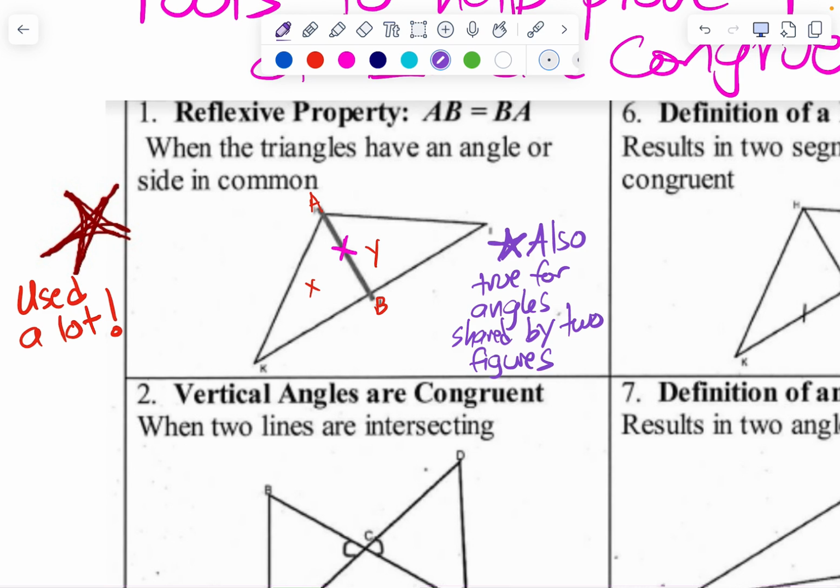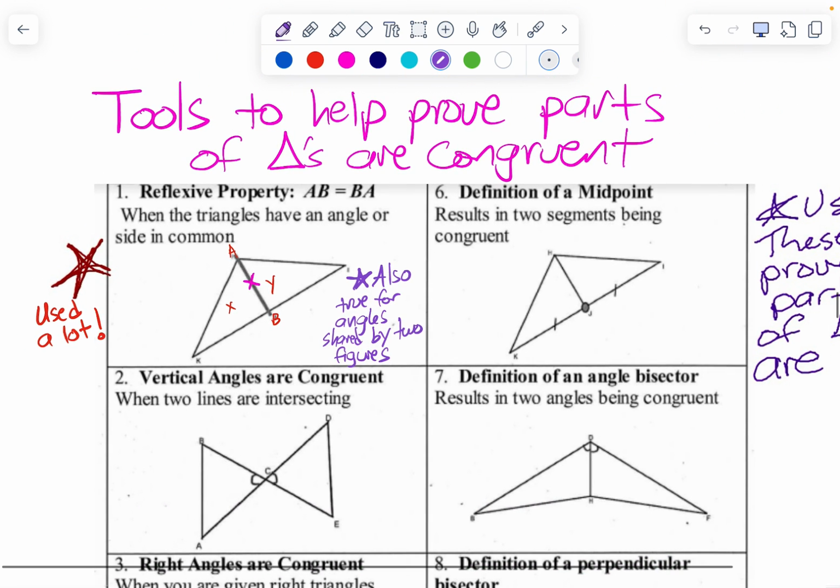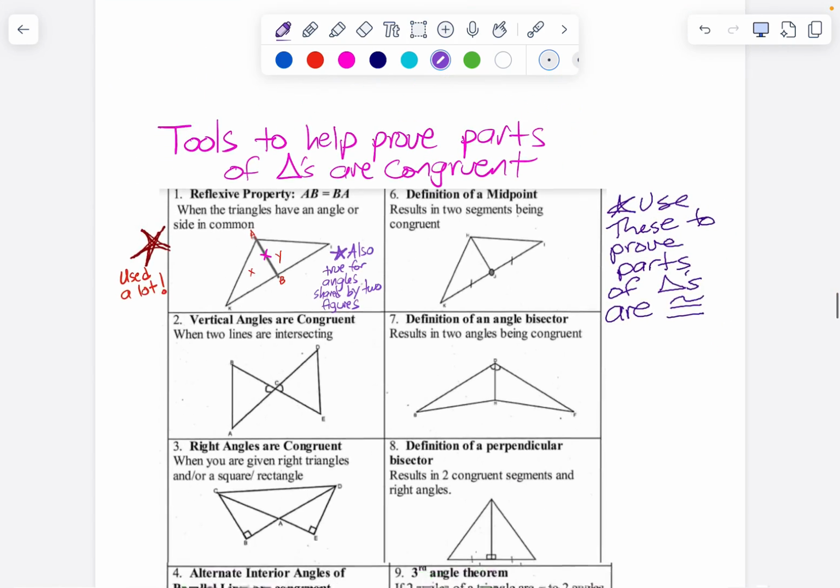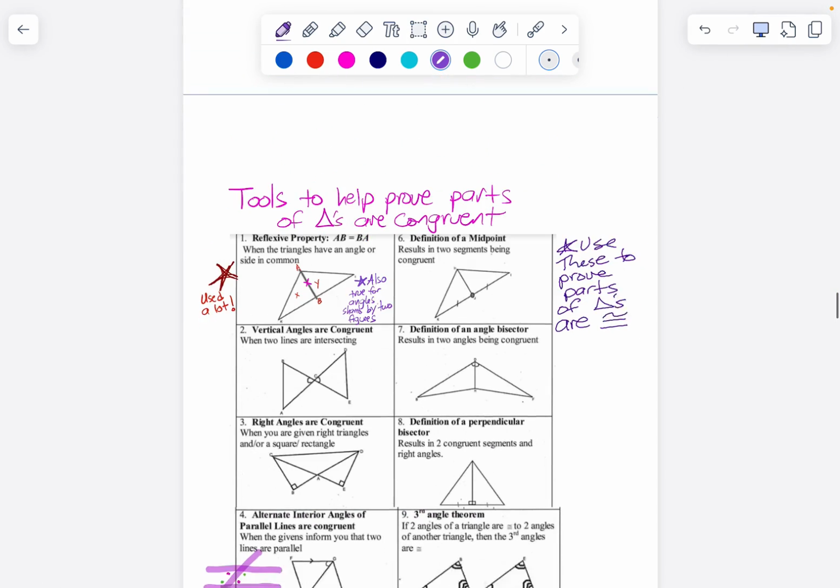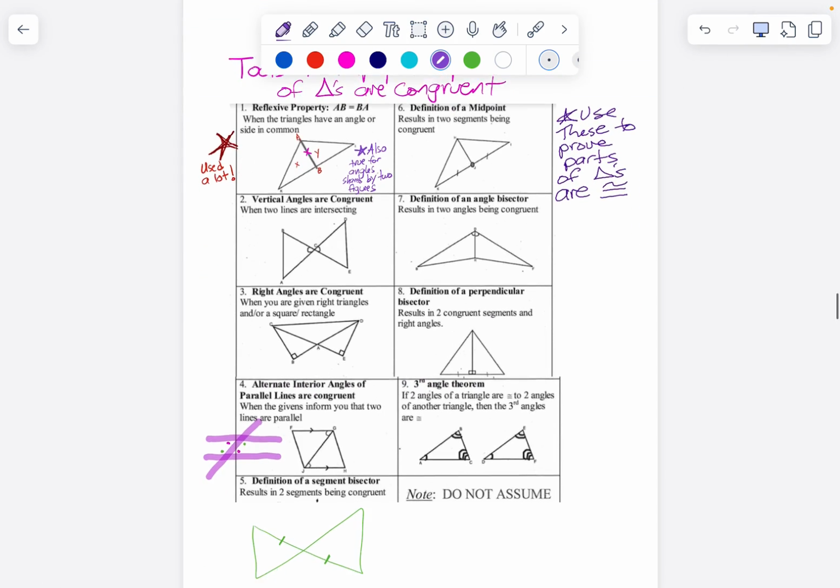This is a super handy one. It comes up fairly often, and if you get in the habit of looking for it, you're guaranteed a congruent part by doing that. So this property shows up 3 more times on this page. Go find them. Let's just mark them to remind you. Anybody see them?